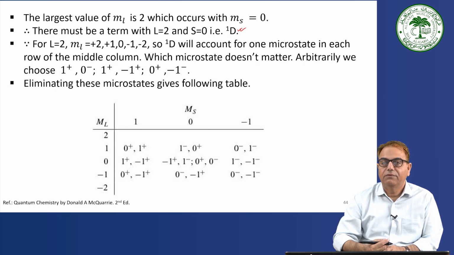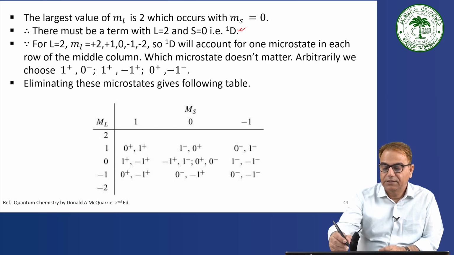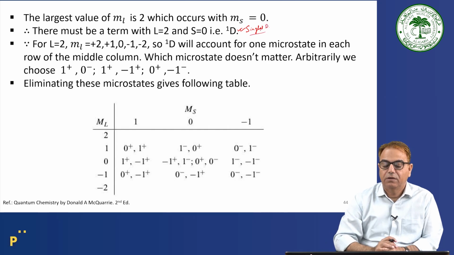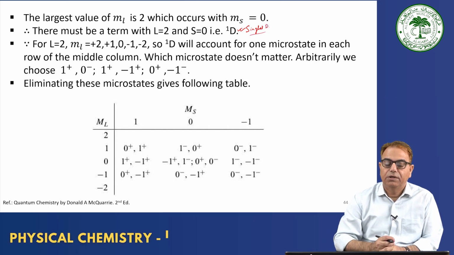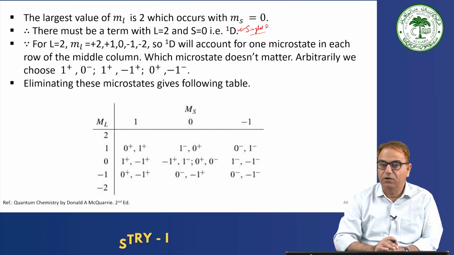So it is singlet D. Now for L equal to 2, ml can have 5 different values: +2, +1, 0, -1, -2. So the number of microstates which will account for this singlet D should be 5, one in each row of the middle column. So we say 5 different states will account for singlet D.